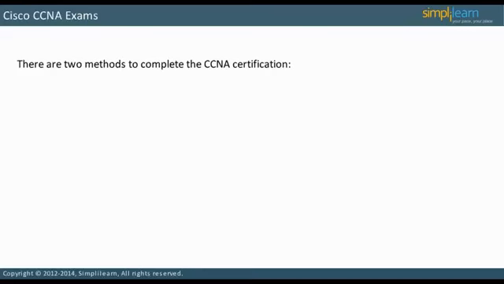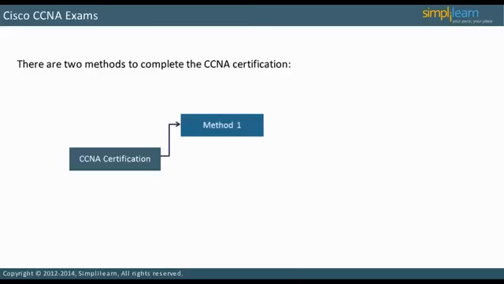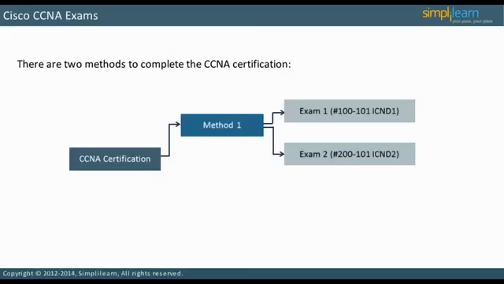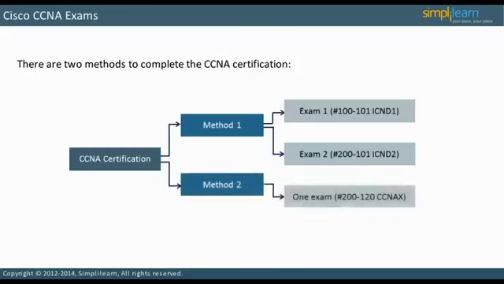There are two methods to achieve CCNA certification. The first method is to pass two exams, 100-101 ICND-1 and 200-101 ICND-2. The second method is to pass one exam, 200-120 CCNAX, which includes more material than ICND-1 and ICND-2 combined.